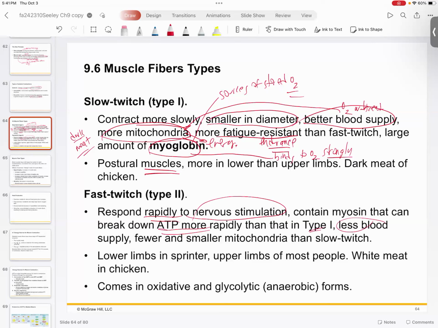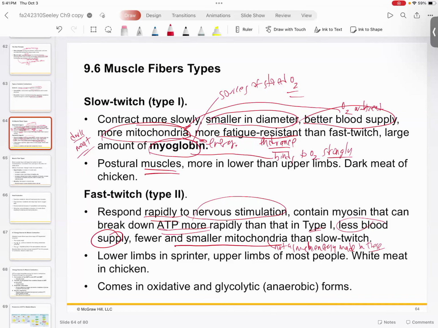They don't have a lot of blood supply in them. They have fewer, and the ones they do have are smaller mitochondria, so there's not as much energy. And that's relative to slow twitch.